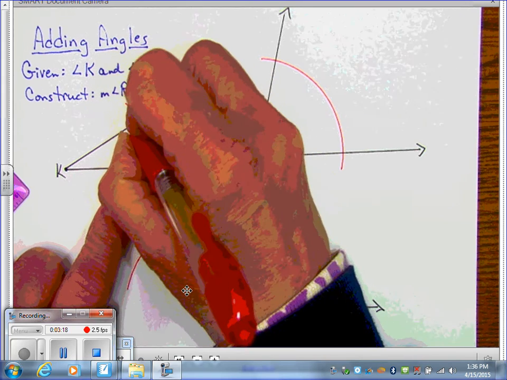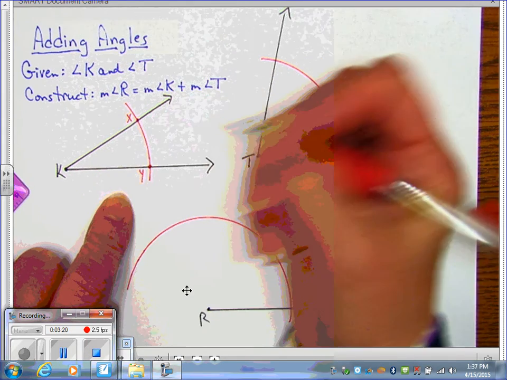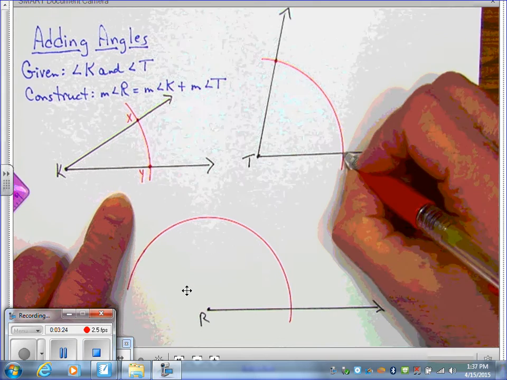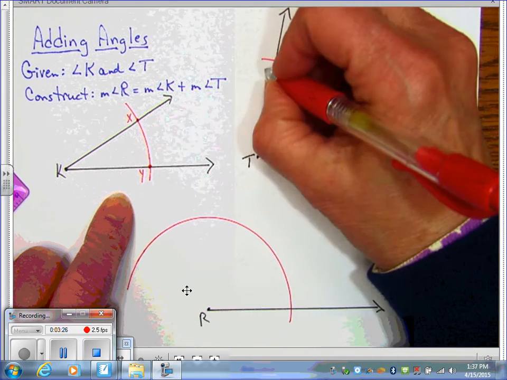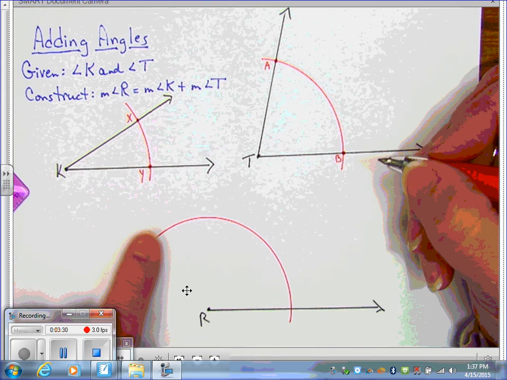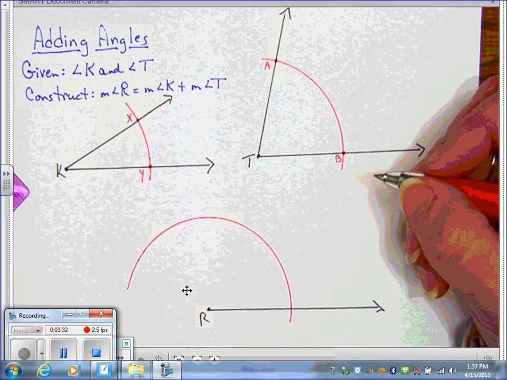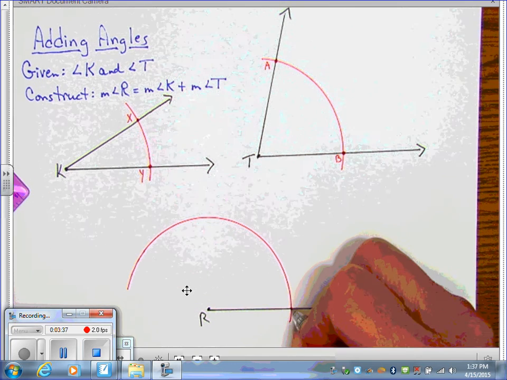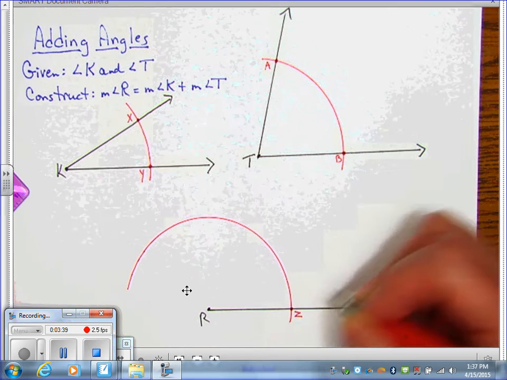We've been calling these X and Y. But now we have another given angle, and it has two more. This time we're going to just call these A and B, because that's another pair. And here's our construction where all our work is, and this one we're going to call what we've done before, we'll call it Z.